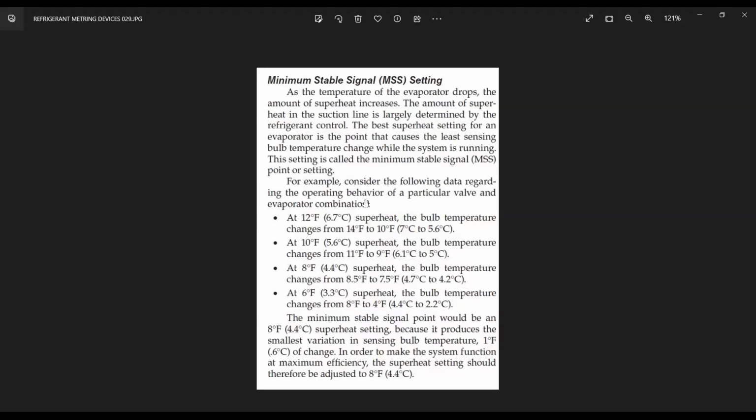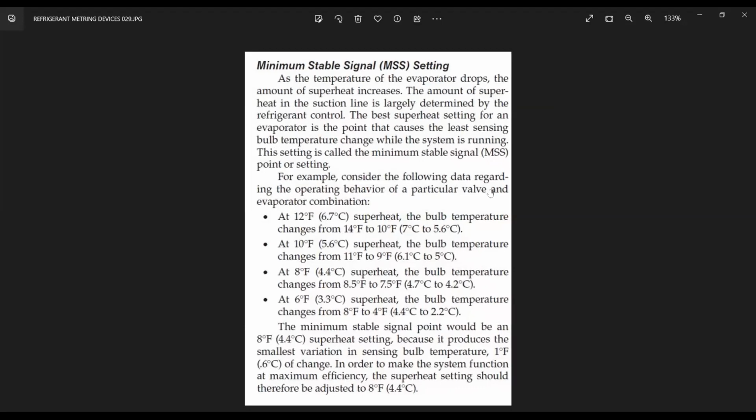For example, let us consider the following data regarding operating behavior of a particular valve and evaporator combination. At 12 degrees Fahrenheit or 6.6 degrees Celsius superheat, the bulb temperature changes from 14 degrees Fahrenheit to 10 degrees Fahrenheit, 7 to 5.6 degrees Celsius.